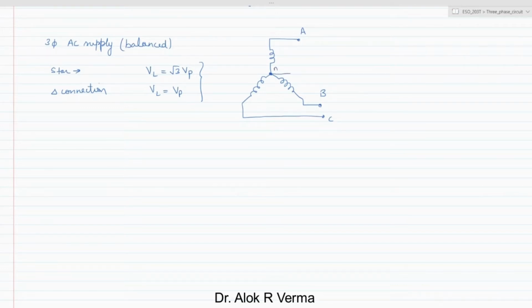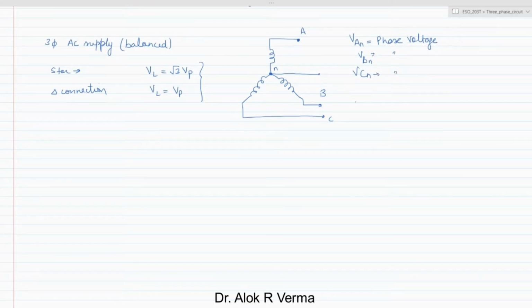So in a star, if we have a three-phase 4-wire system, then the voltage of A with respect to neutral, so VAN, is the phase voltage. Similarly, we have other phase voltages as VBN and VCN. So these are basically the phase voltages.